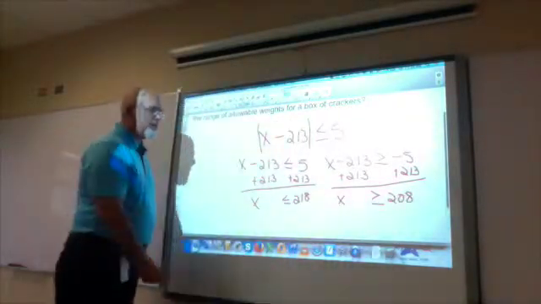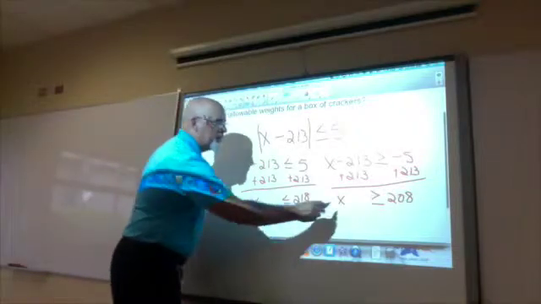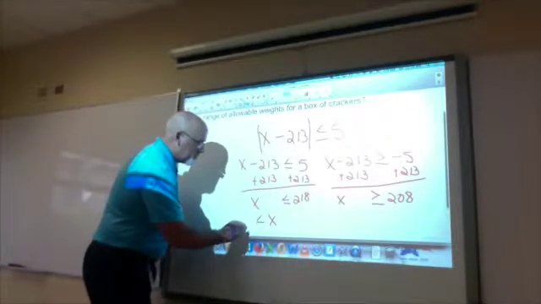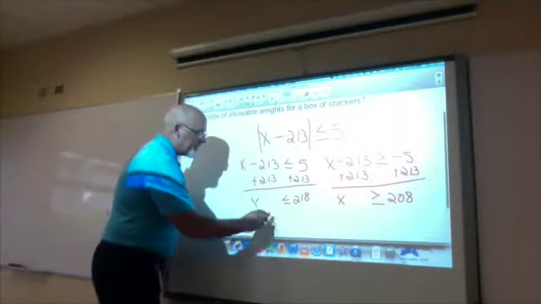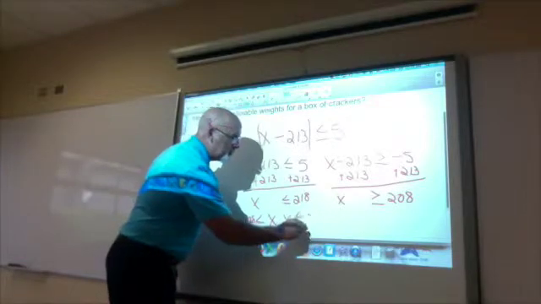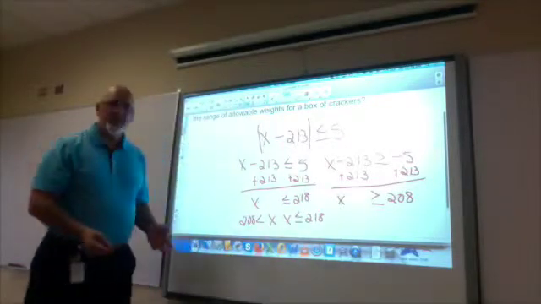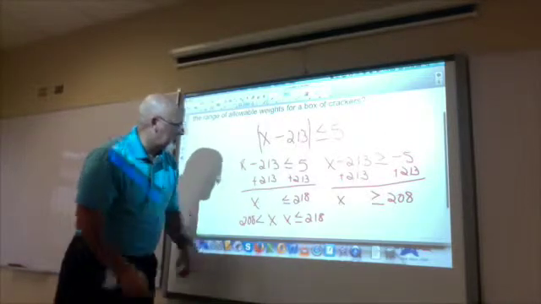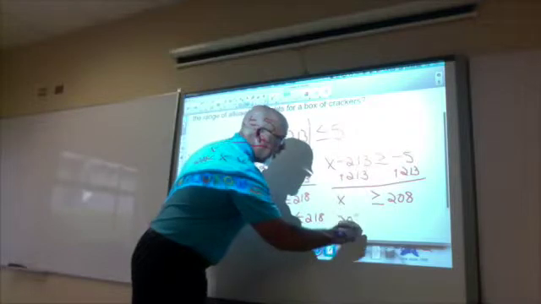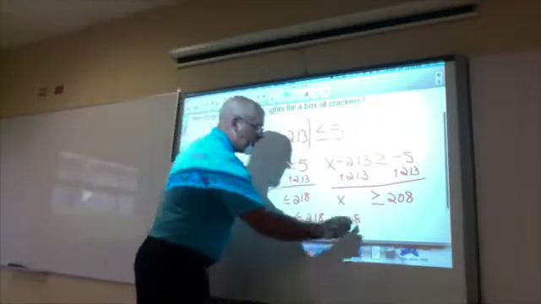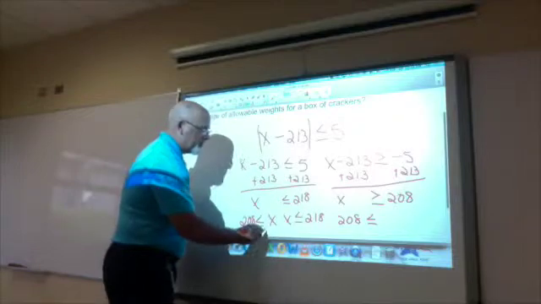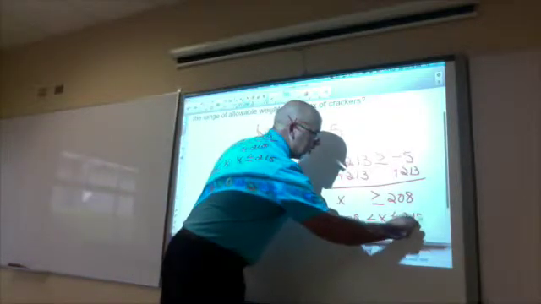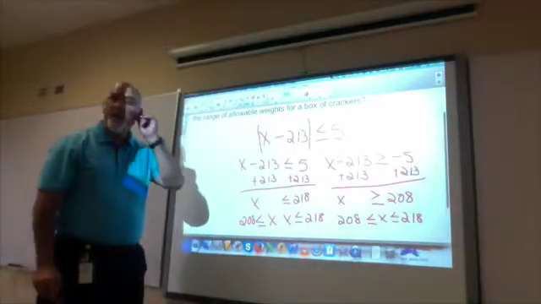So our answer is x is greater than or equal to 208, and x is less than or equal to 218. The reason I write this for you like this is because if you see, you can just combine the x's and write 208 is less than or equal to, I should have the equal to there, x, which is less than or equal to 218. And that would be our answer.